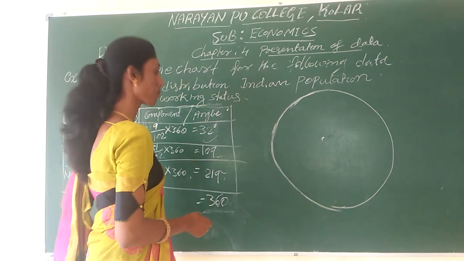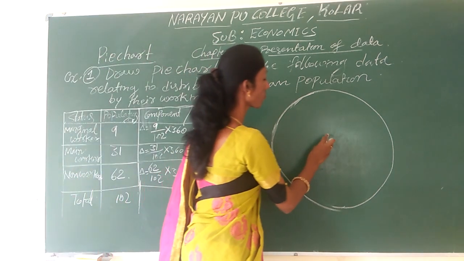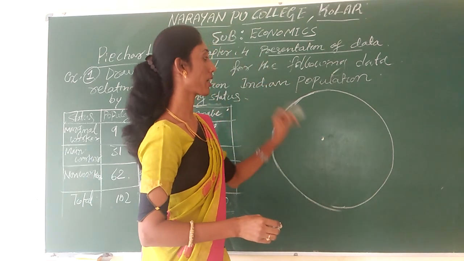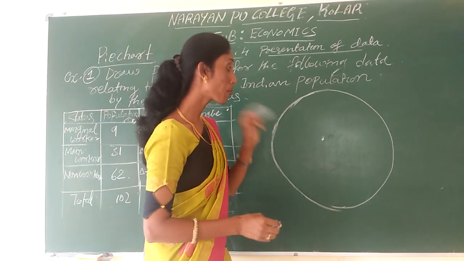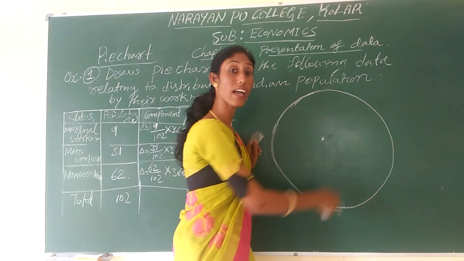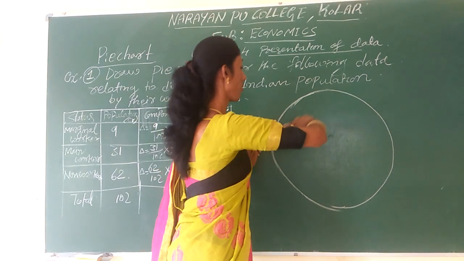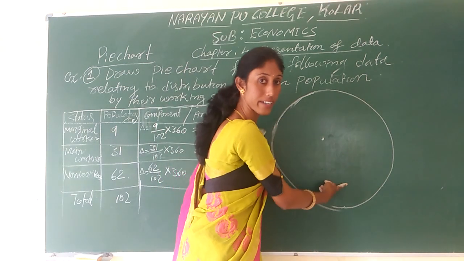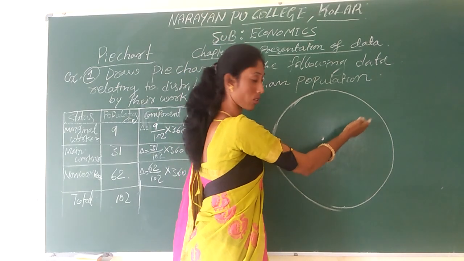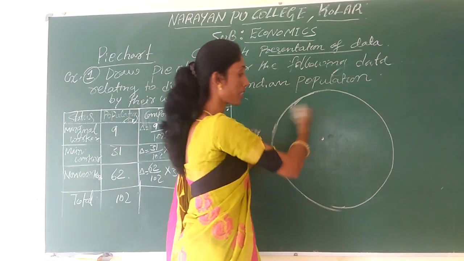What is the third step? By using the protractor, we need to mark the angle size, and keep in mind it should always go anti-clockwise. Clockwise means from left to right, but anti-clockwise means from right to left.